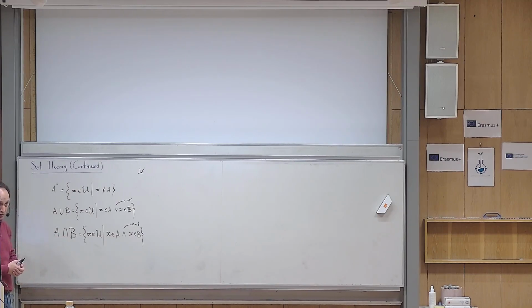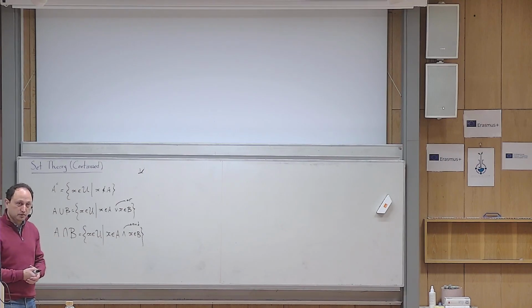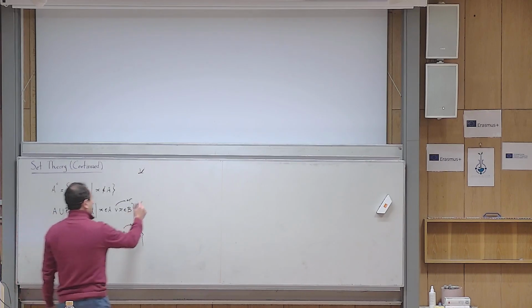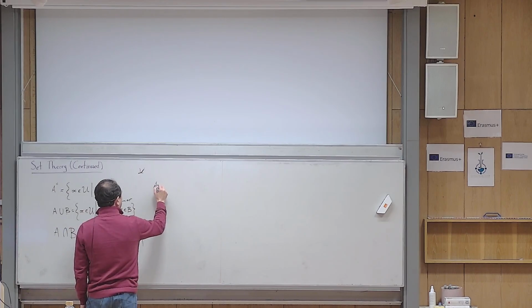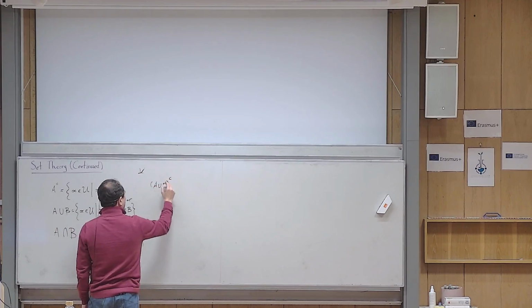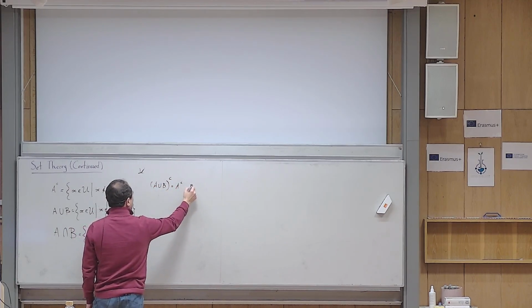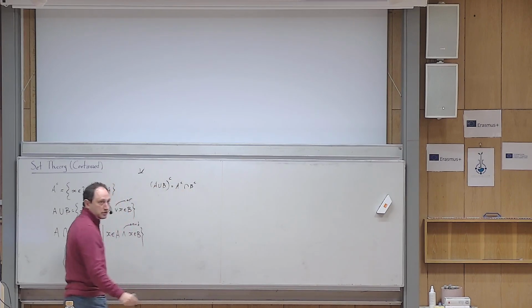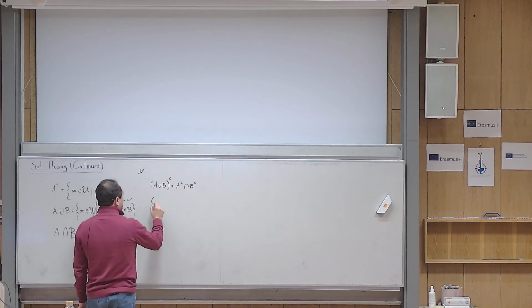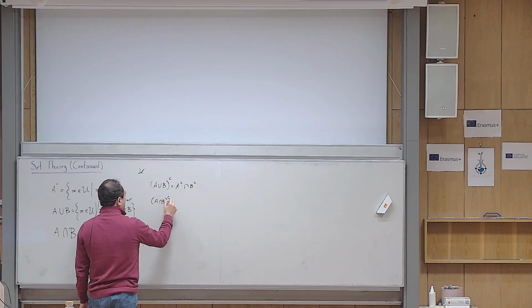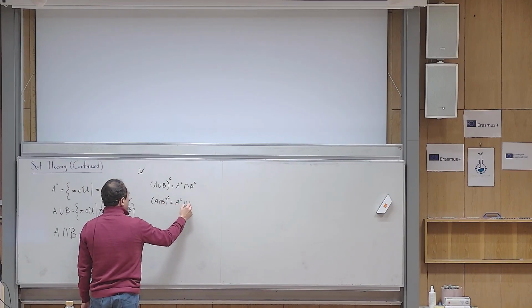We learned about associativity, distributivity, the absorption laws, and the De Morgan laws. Do you remember what De Morgan laws are? If I have the complement of A union B, it becomes A complement intersection B complement. And we also have the complement of A intersection B, which becomes A complement union B complement.